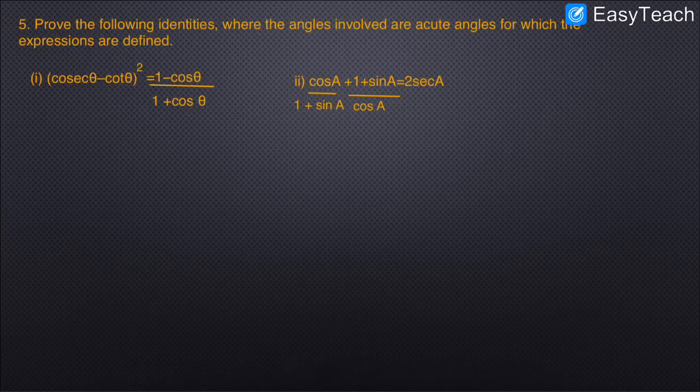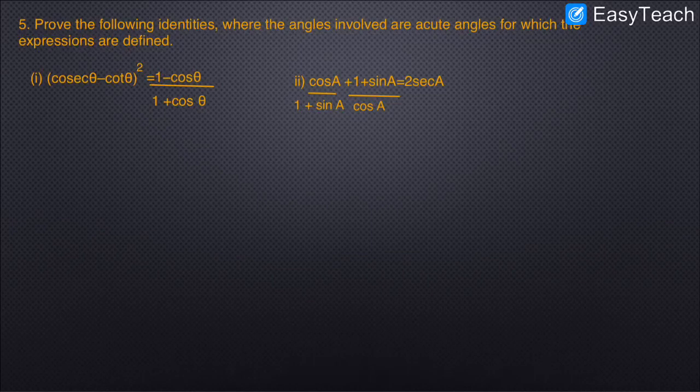So I'm going to make the sin square theta as 1 minus cos square theta. So this is one of the identities, right? Cos square theta plus sin square theta equals 1. Okay, now next step, so 1 minus cos theta the whole square, right? Here I am going to use the a square minus b square formula, which is a plus b into a minus b.